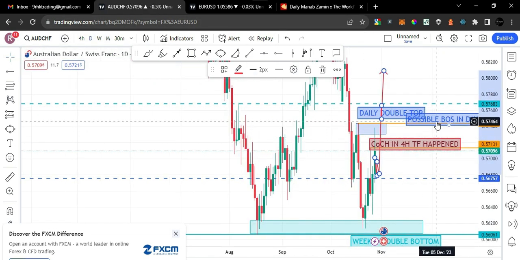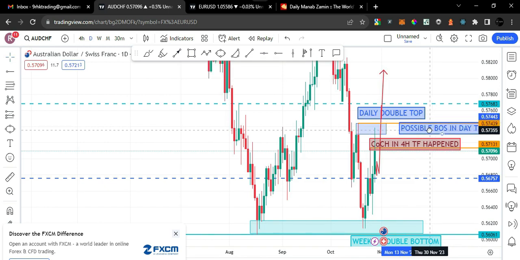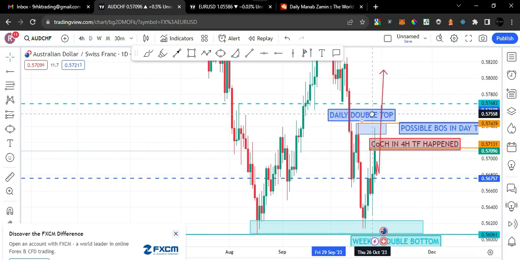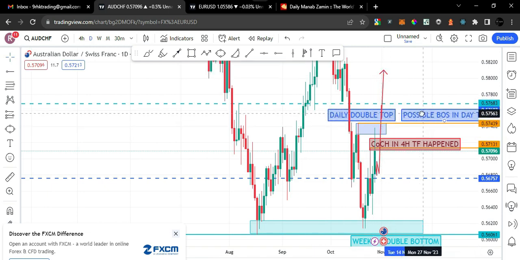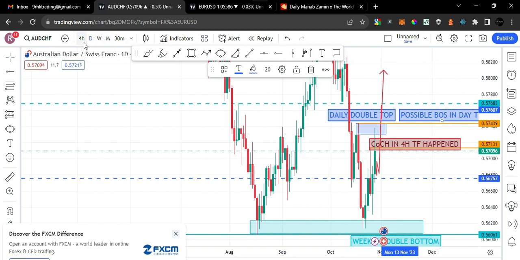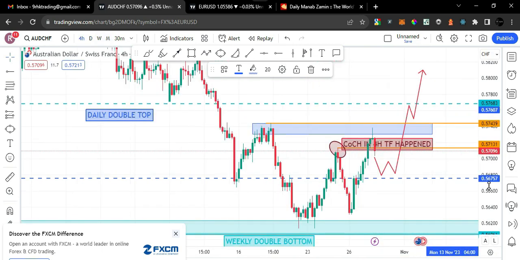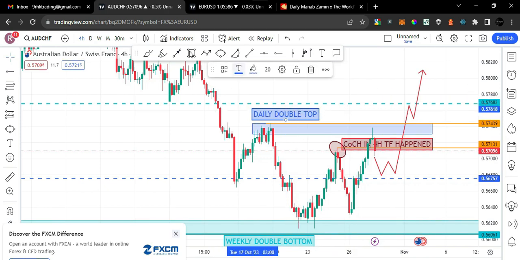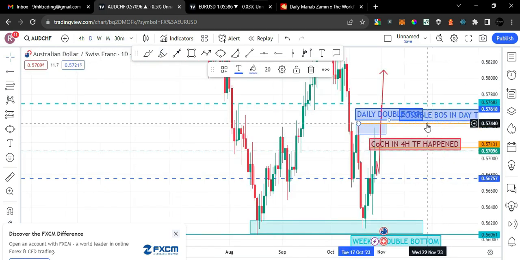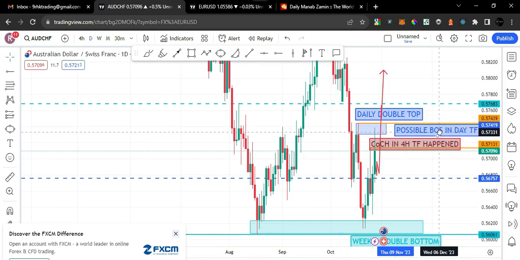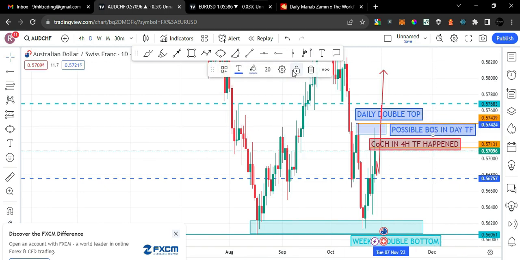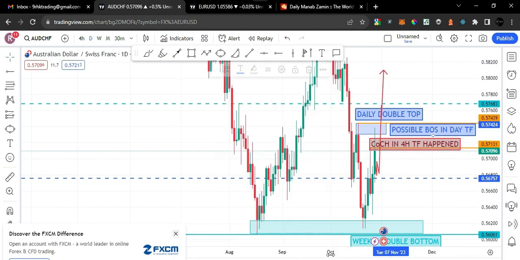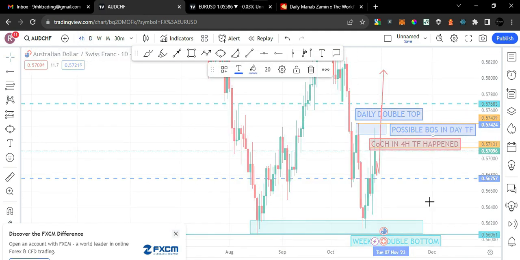Okay, where should we put it? So this is double top, we put it a little bit here, and this is possible. Yes, that is better. No, I have to show it here. And also I need to put it a little bit lower, and it is not showing. Okay, I think we will be able to see it.